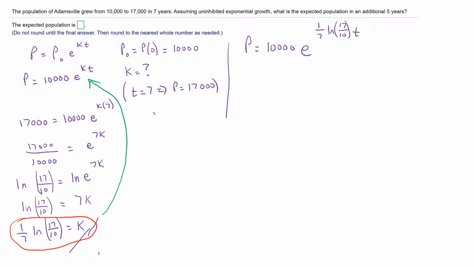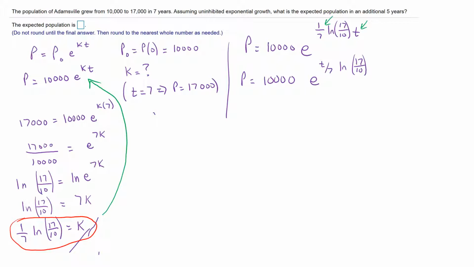Now I'm going to work on simplifying this. I'm going to multiply the 1/7 and the t together, which gives me e to the t over 7 natural log 17/10.